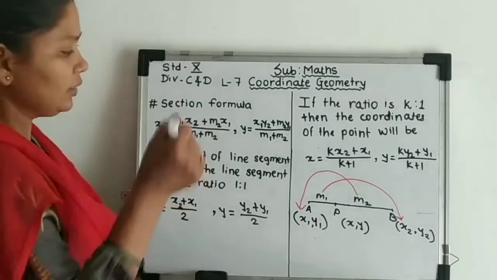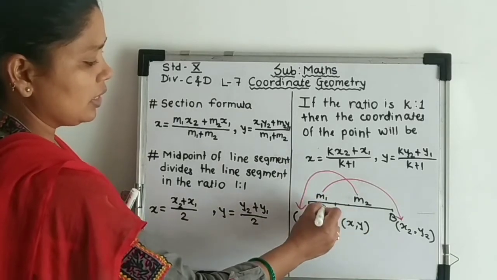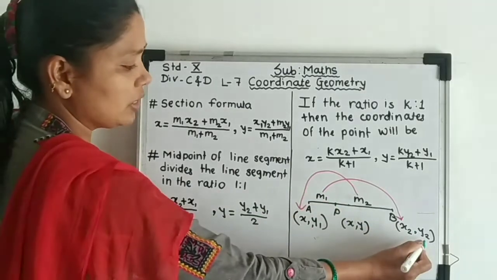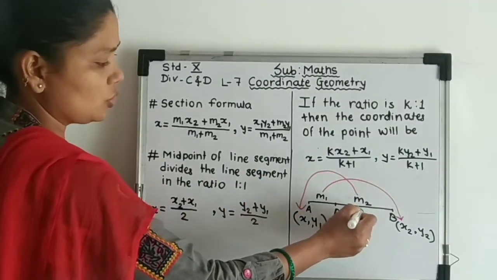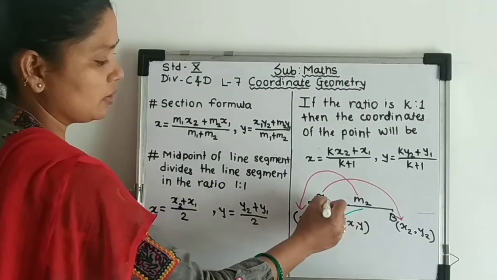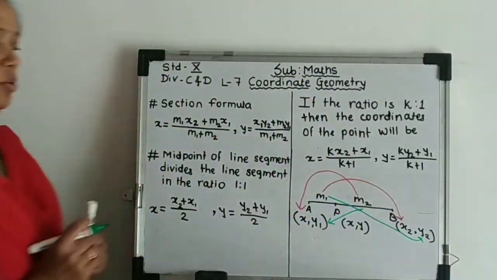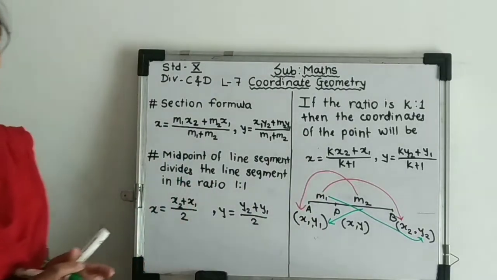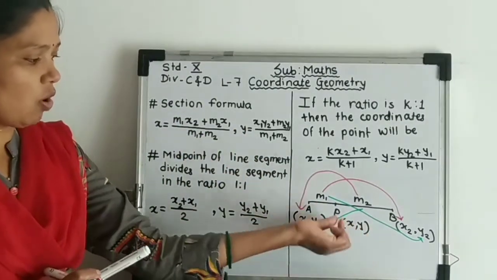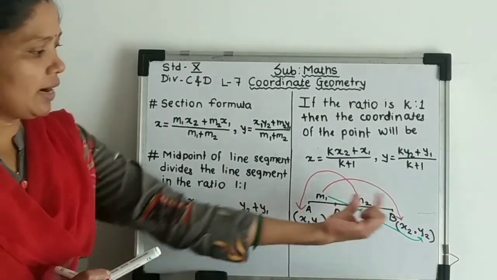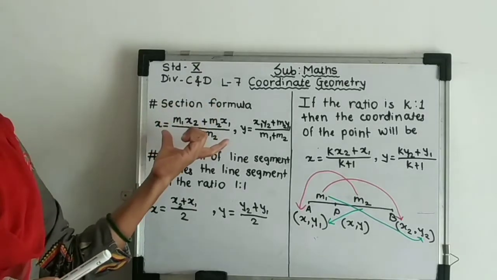Then for getting the y coordinate, m1 is multiplied with y2 and m2 is multiplied with y1, and we add these two, divided by m1 plus m2. In this way we get the coordinates of the point which divides the line segment. That is nothing but our section formula.